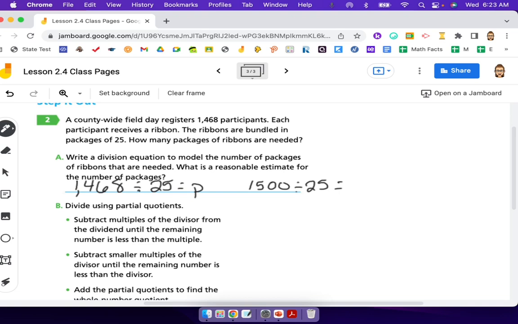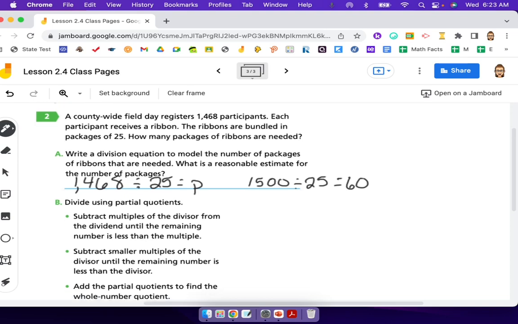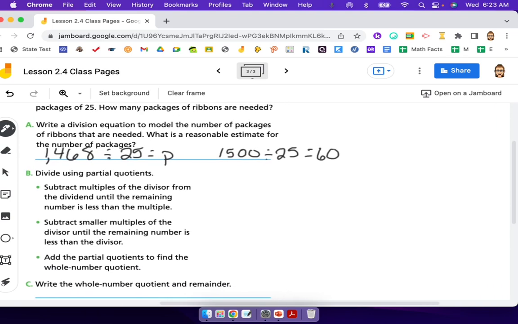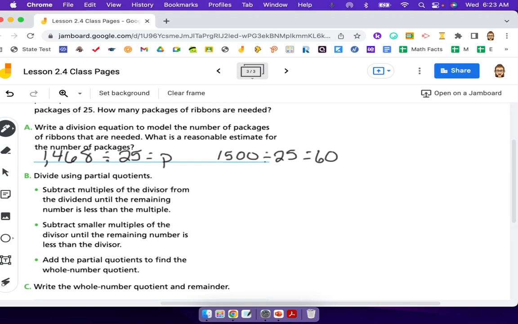And I know that there are 4 25s in 100, and 4 times 15 is 60. So we're going to have about 60. Okay, so then we're going to do our partial quotients.